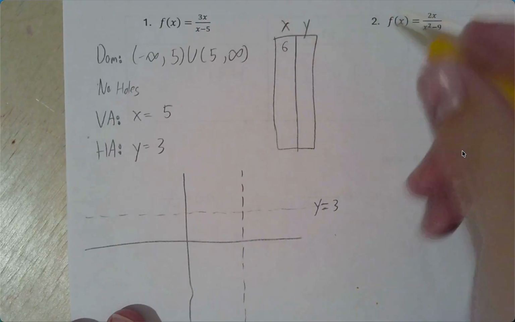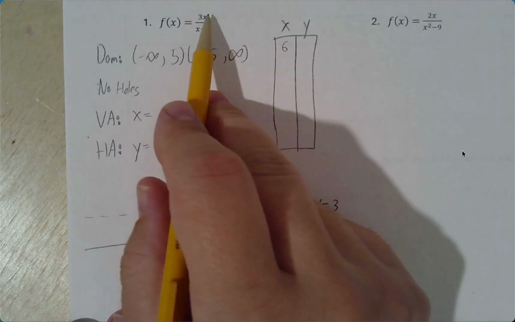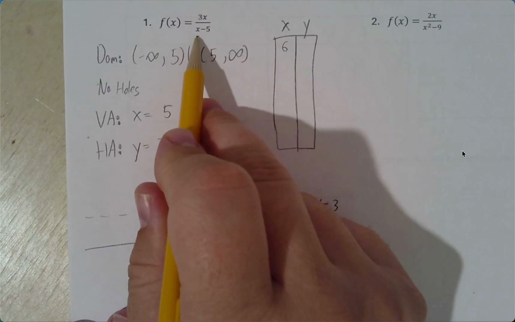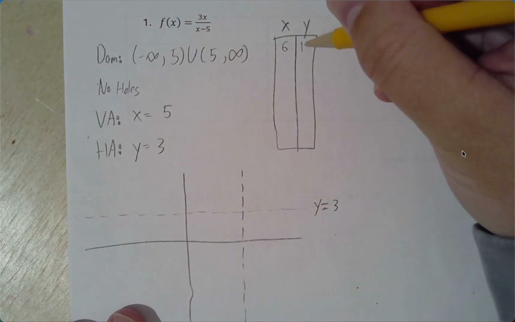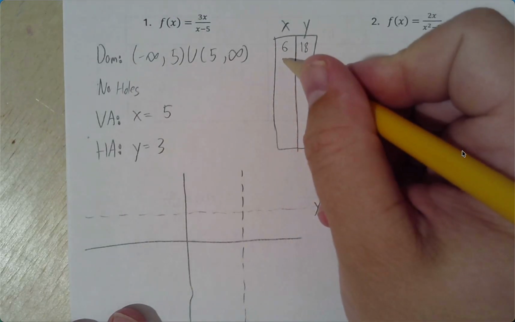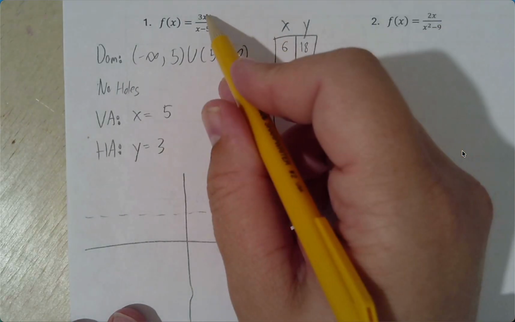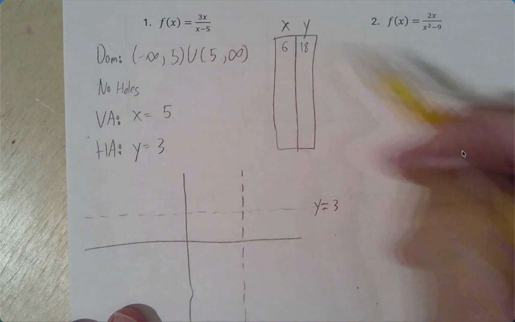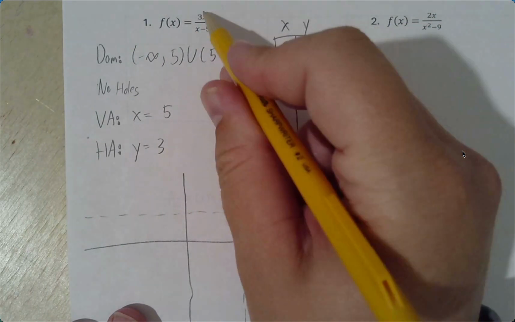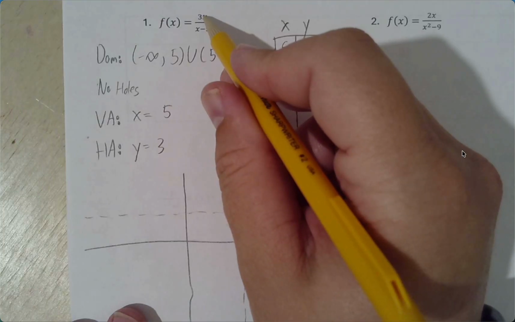So let's try plugging in 6. If we plug in 6, I'm going to do this mentally, that's going to end up being 18 over 1, which is of course 18. So that's pretty large. Let's try 7. If I do 7, that's going to be 21 over 2. I don't like that because that's a fraction. Let's try 8. That'll be 24 over 3.